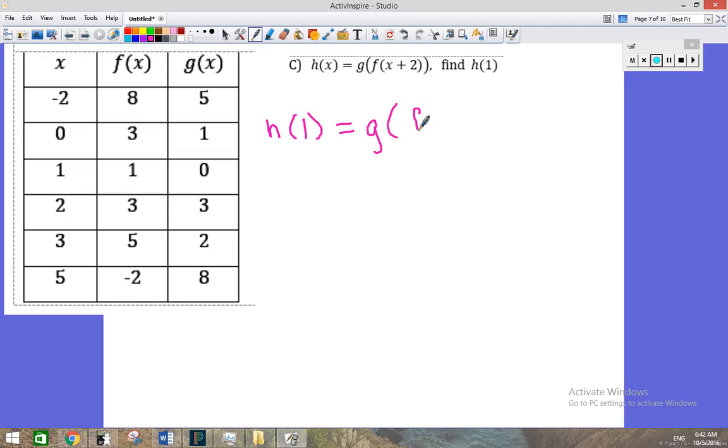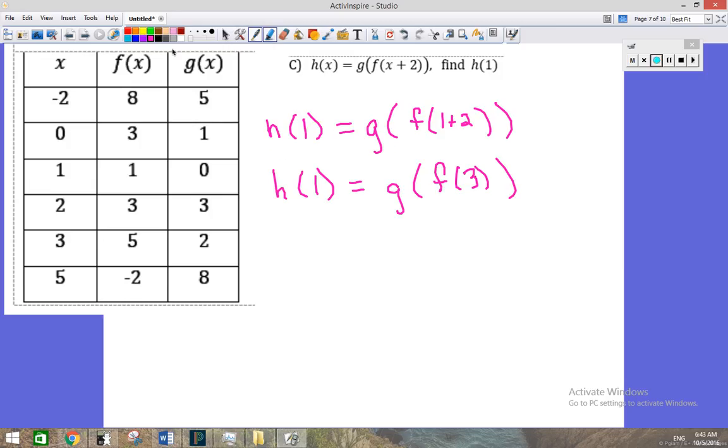However, before we plug this number 1 into f, we need to add 2 to it. So we have 1 plus 2. If we add 2 to that 1, we get 3. And that 3 is our input into f.